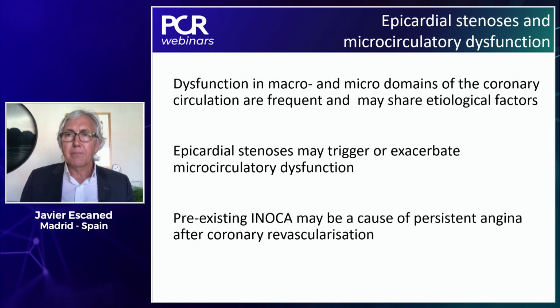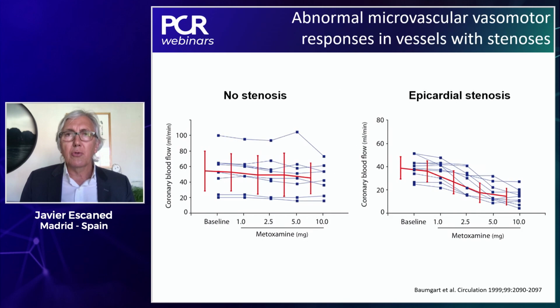Now, in the next slide, I'm going to show you a very classic experiment that looked at the reactivity of the subtended coronary microcirculation in a vessel that had no stenosis or that had an epicardial stenosis. This is a study by Baumgart, where the investigators performed an infusion of an alpha agonist, methoxamine, and measured coronary flow.